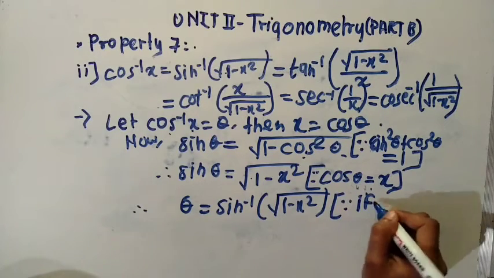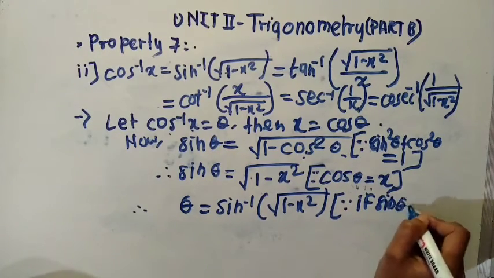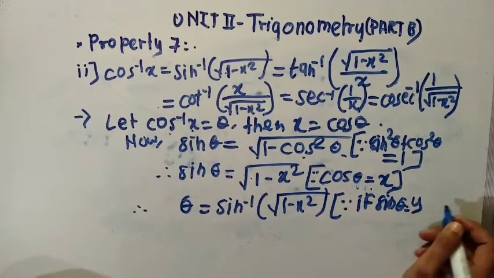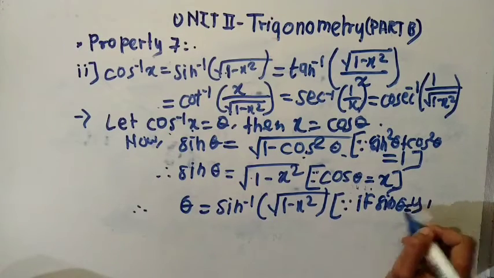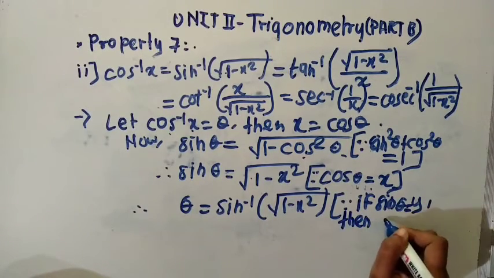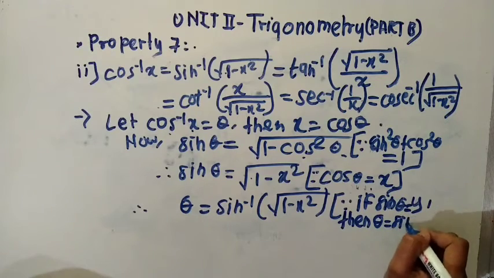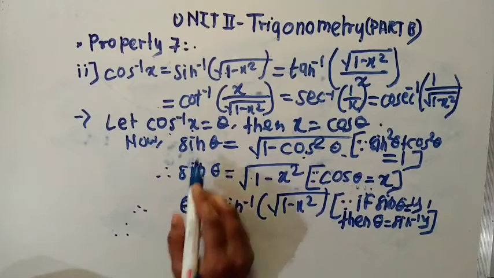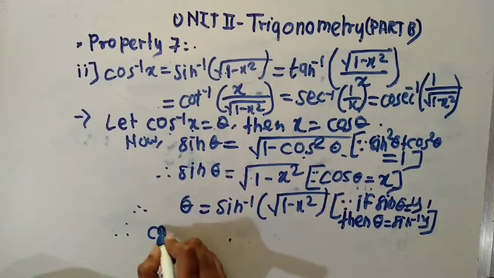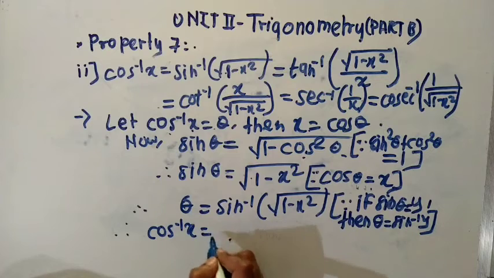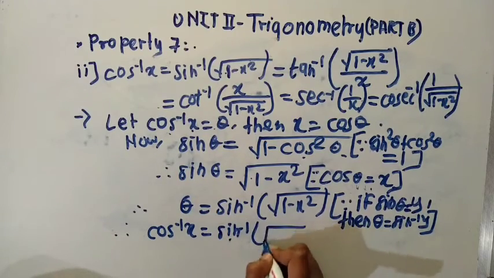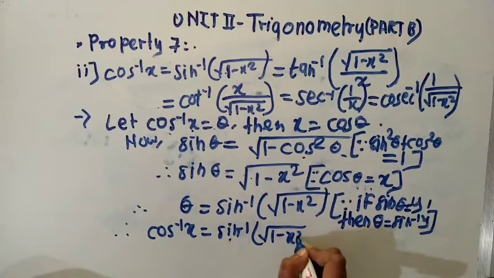Since if sin theta is equal to y, then theta is equal to sin inverse of y. But theta is equal to cos inverse of x, since cos inverse of x is equal to sin inverse of root 1 minus x square.